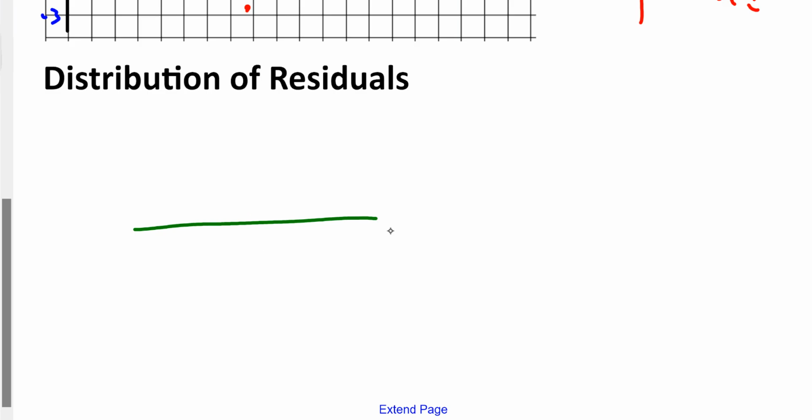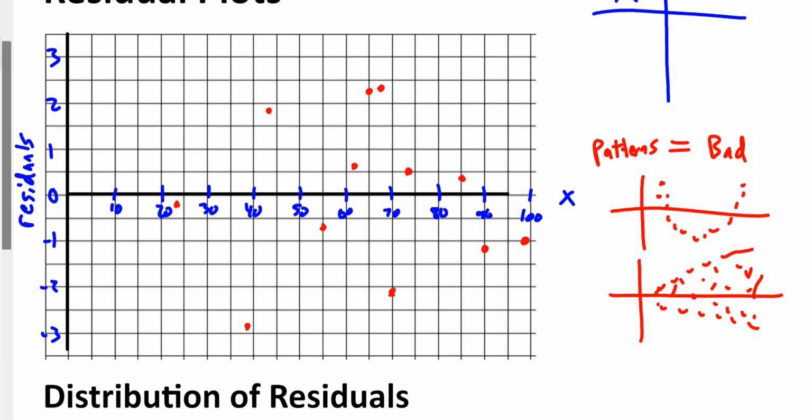So I'm going to make my residual distribution here going 0, 1, 2, 3. This is just the value of the residuals. And we want to kind of see where do they all fall. It can help to actually look at your residual plot and just kind of draw your lines across. How many of them are between 0, 1, 1, 2, 2, 3?